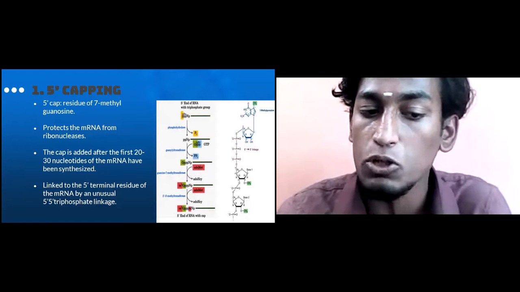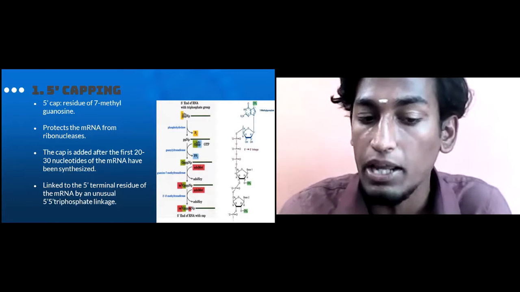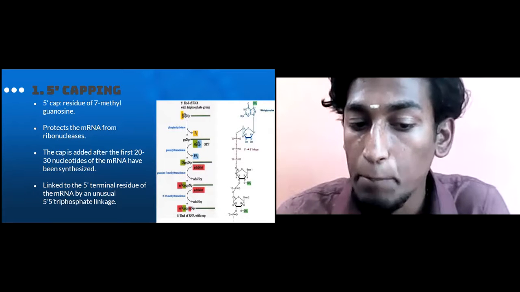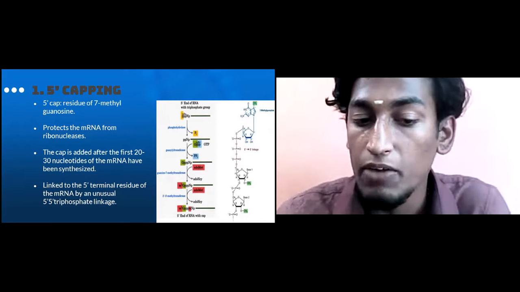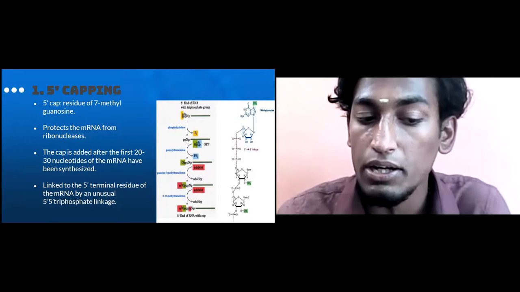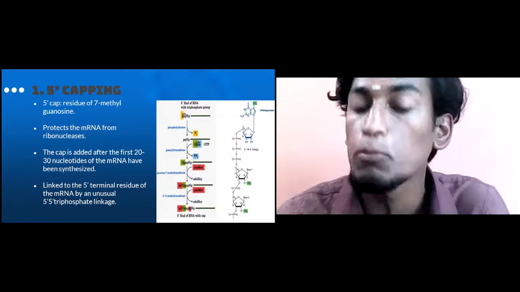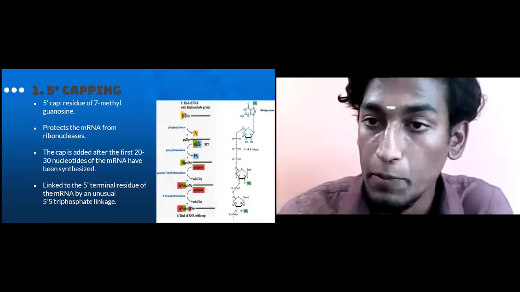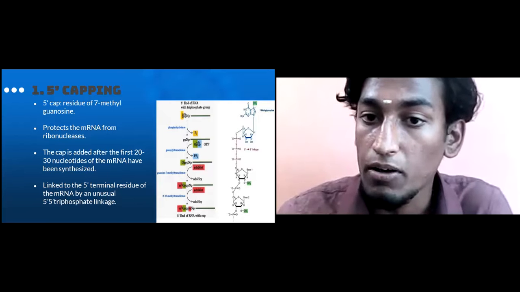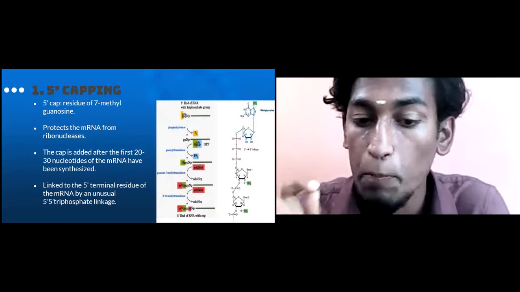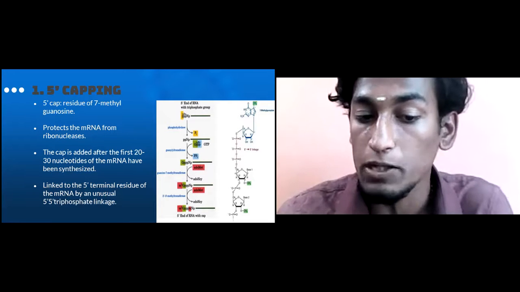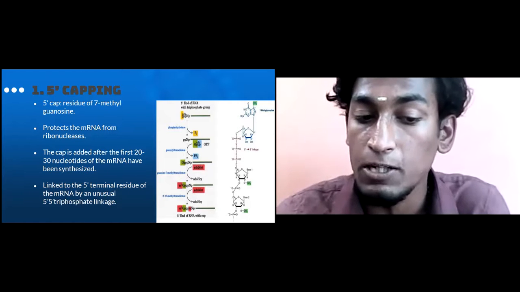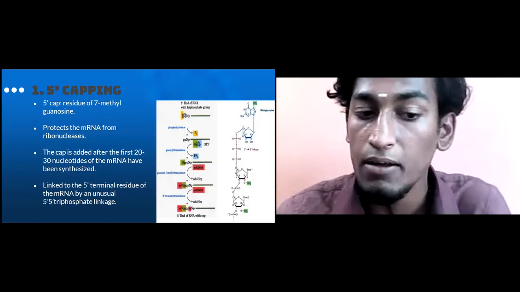It is possible to represent the 5' end of the pre-mRNA as 5'-pppNpN, where a ribonucleotide is represented as capital N and the phosphate is represented as small p. One of these phosphate groups is removed shortly after the start of transcription, and a guanine nucleotide is added subsequently.